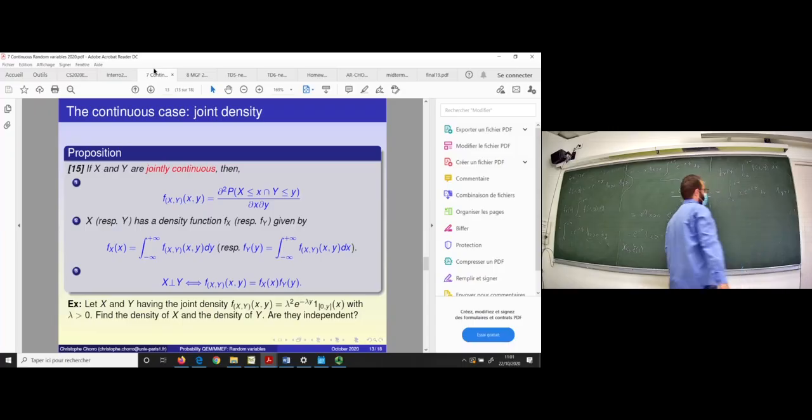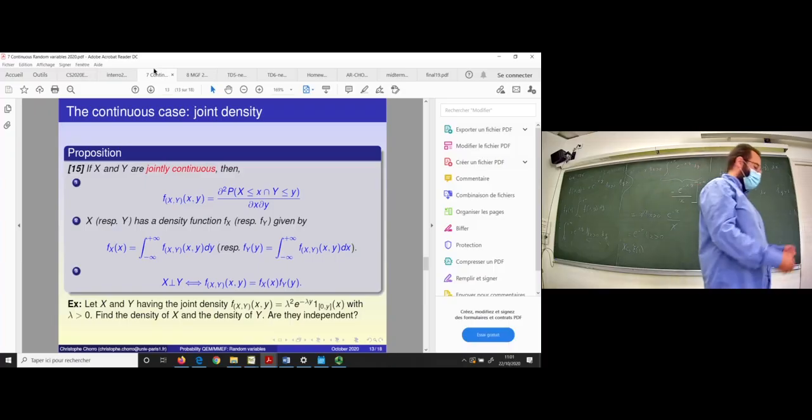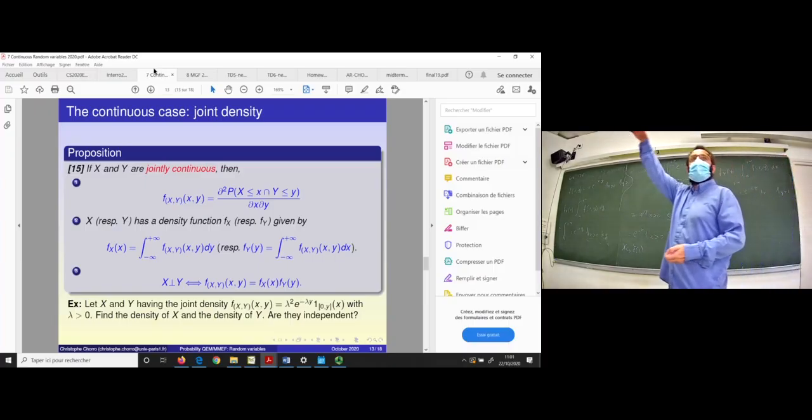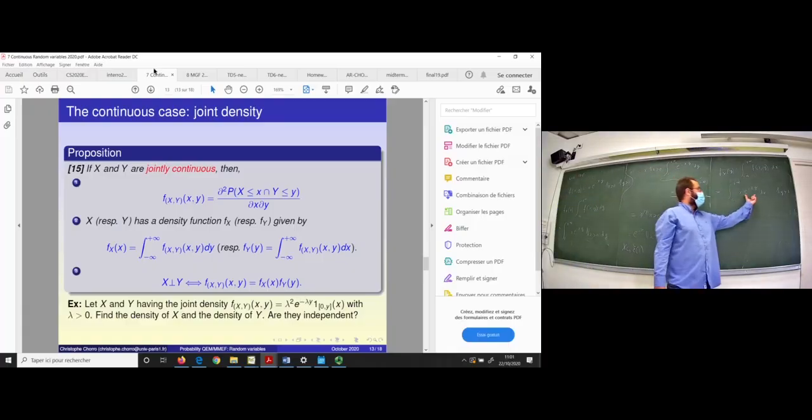Since I have x here, it's not the integral of a density function, but rather something related to the expectation. Because I have the integral of x times something that is not very far from the density function of someone. And what I have here is the beginning of the density of an exponential of parameter y.